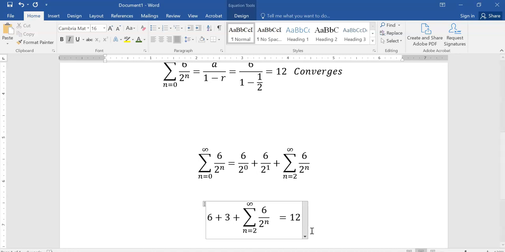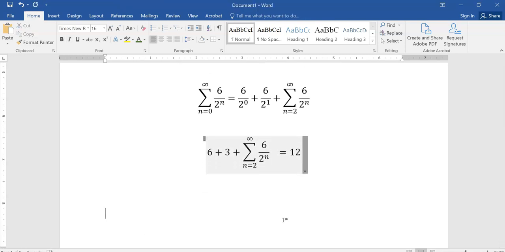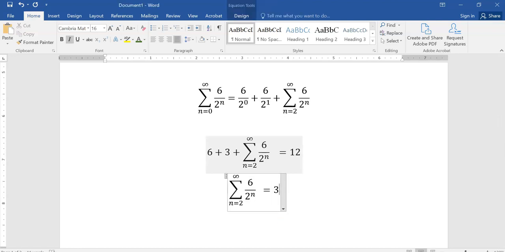We'd subtract 9 from both sides, and what we get is that the summation that I'm looking for is 3. Again, subtract 9 here because 6 plus 3 is 9. Subtract 9 here, you get 3. So there you go. The sum from 2 to infinity is 3.